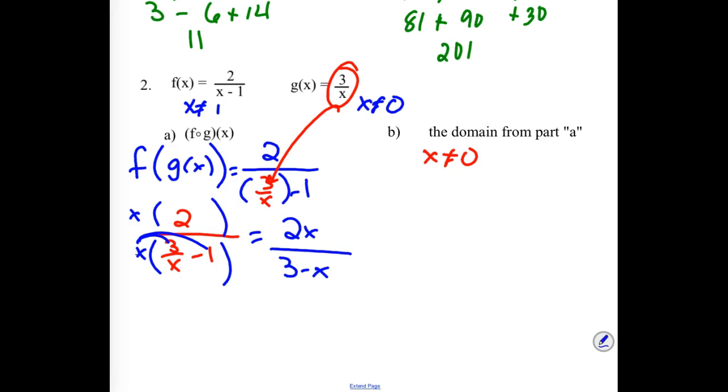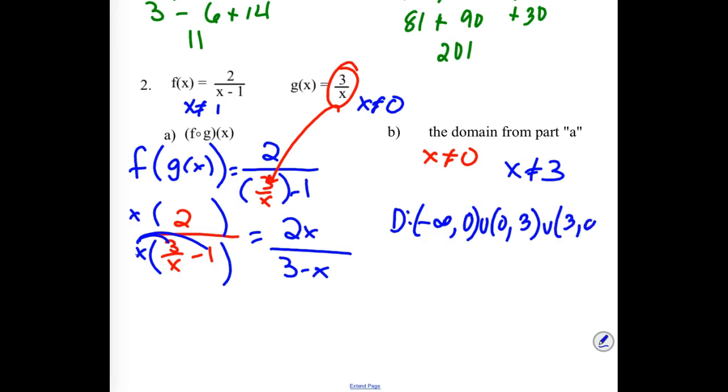What can x not equal? It can't equal 3. So we have two issues. X can't be 0 and it can't be a 3. So my domain, starting at negative infinity, I have to go up to 0, jump over it, go up to 3, jump over that one, and then continue on. Okay?